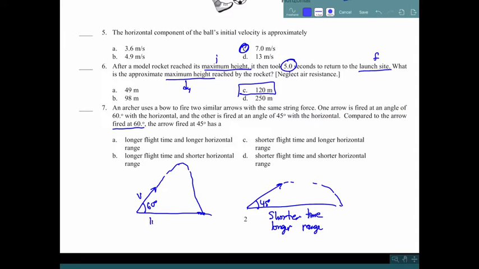This is a longer time and a shorter range. So we are going with the shorter time and the longer range because we're comparing it to the 60 degrees. That would be C.